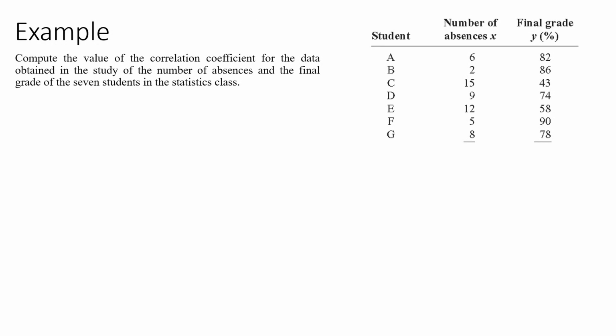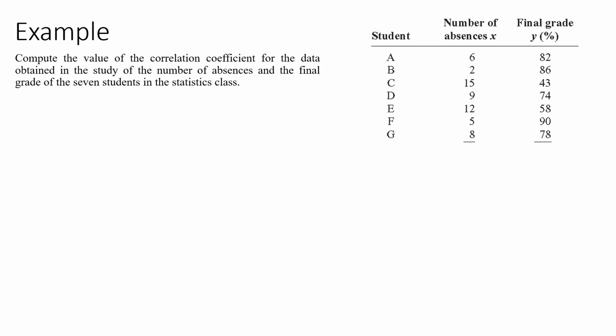Okay, so let's have an example. Compute the value of the correlation coefficient for the data obtained in the study of the number of absences and the final grade of 7 students in a statistics class. Here is the data. The students are A to G, with their number of absences.